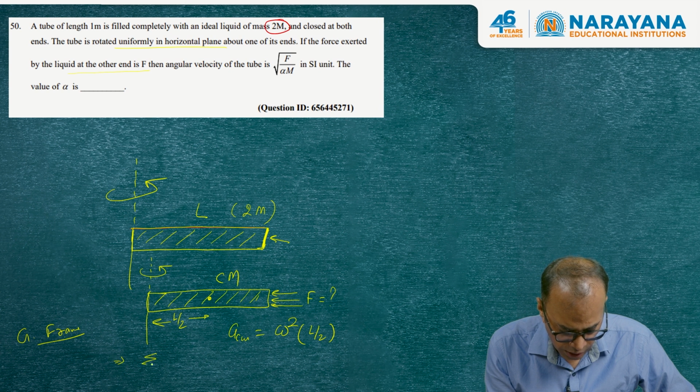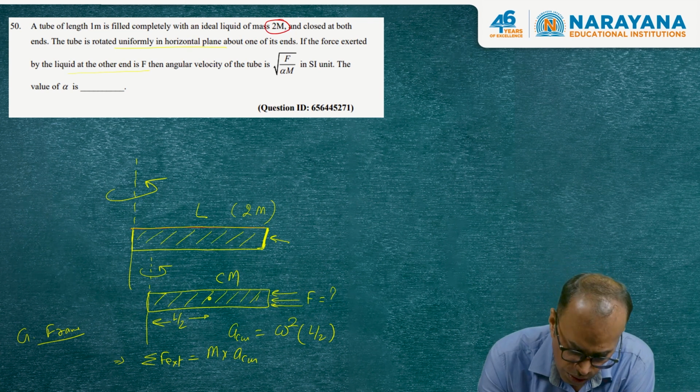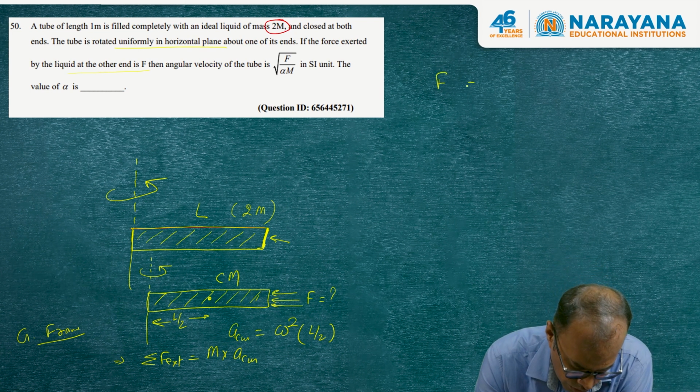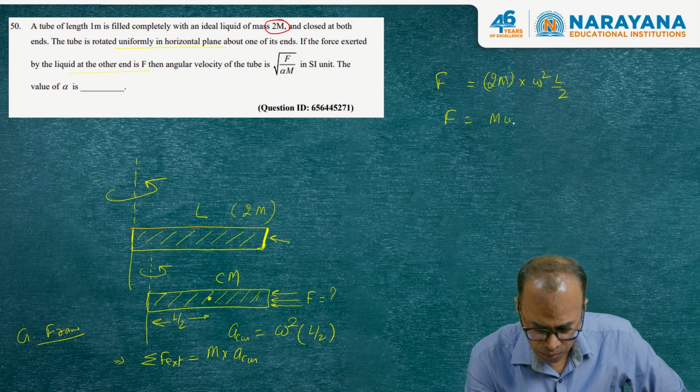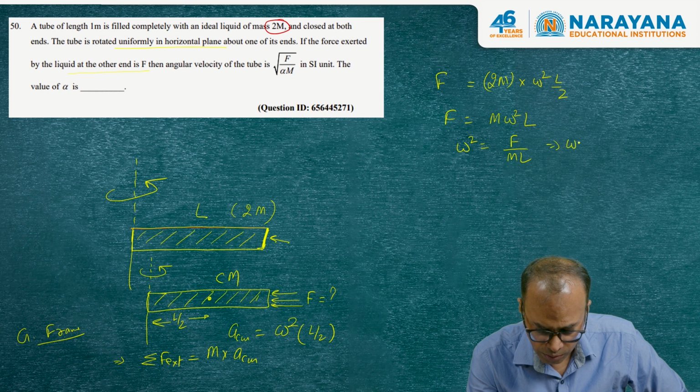I can simply write total external force is equal to mass into acceleration of center of mass. So F is equal to 2m times omega squared L by 2, which makes it F is equal to m omega squared L. So omega squared will be F by mL, and I get omega is square root of F by mL.